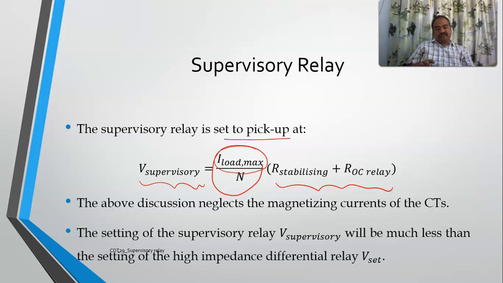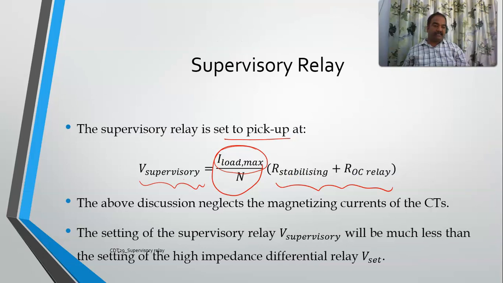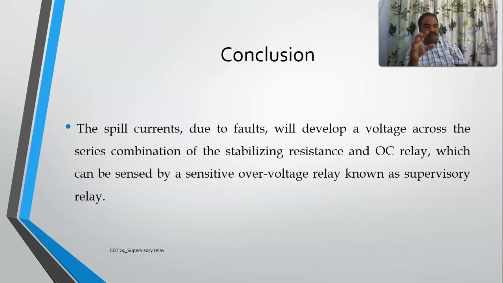So the setting of the supervisory relay will be very much less than your V set actually. So your supervisory relay, as I already showed you, will act whenever there is a voltage drop appearing across my stabilizing resistance. Under normal conditions, there must not be any voltage drop.